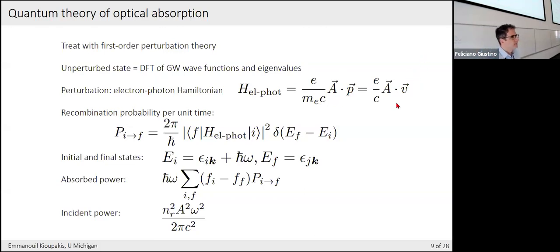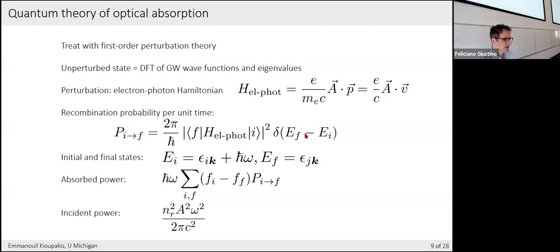Now, how do we find the absorption rate? That's where we go to Fermi's golden rule. The probability of absorbing a photon and transition from state i to state f, the initial to final state, the probability per unit time, is equal to 2 pi over h bar, the matrix element of the perturbation Hamiltonian between the initial and the final state, and a delta function to conserve the energy.